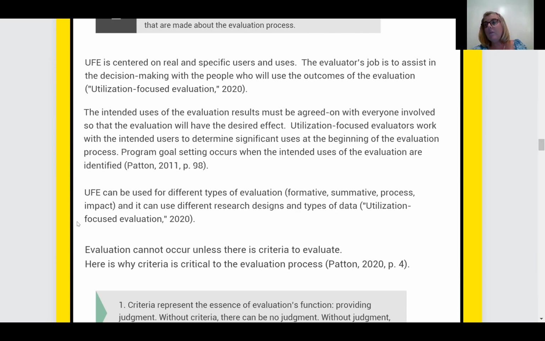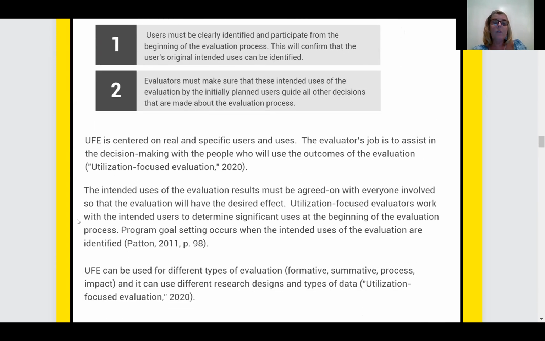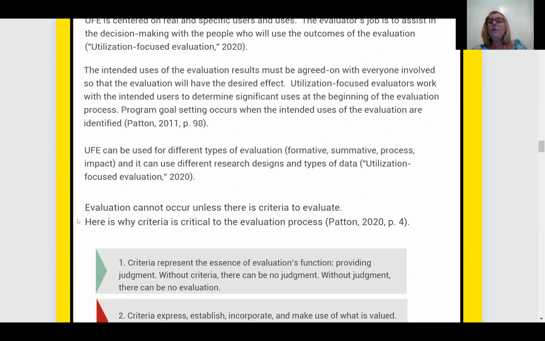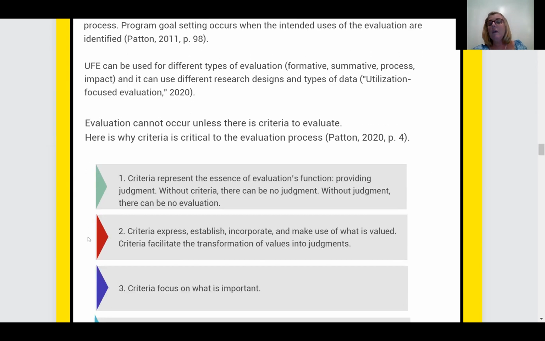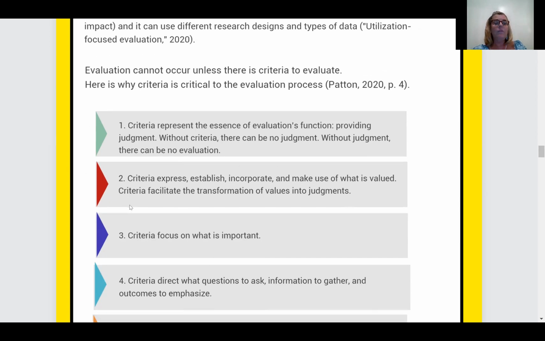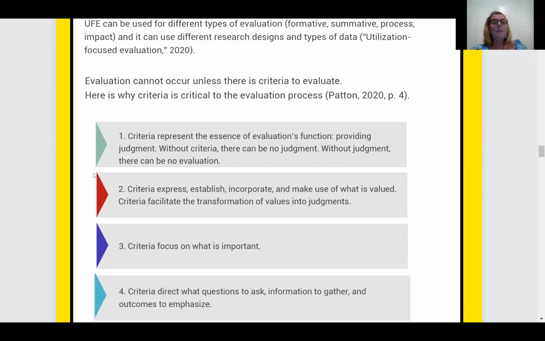So in UFE, it's very, very important that you have the same people throughout the training, starting from the very beginning. And another part of this says evaluation cannot occur unless there is criteria to evaluate. And these are these processes here. This is why criteria is critical to the evaluation process.